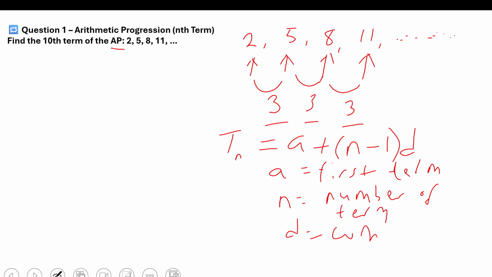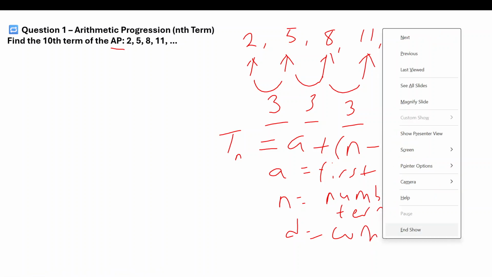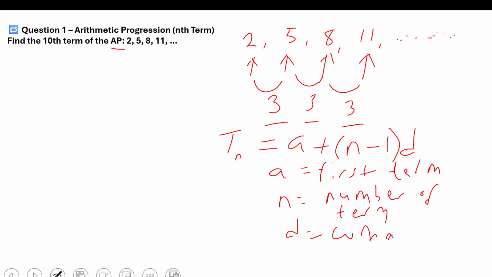I'll define common difference as the difference between a term and the preceding term in the sequence, right?